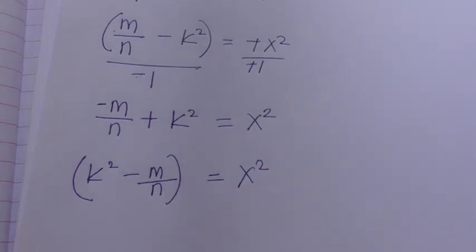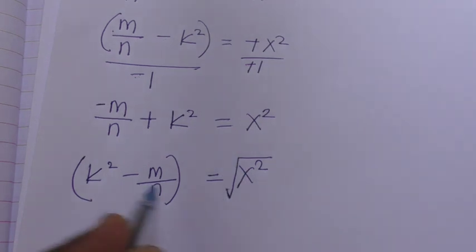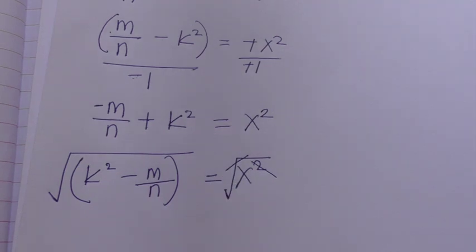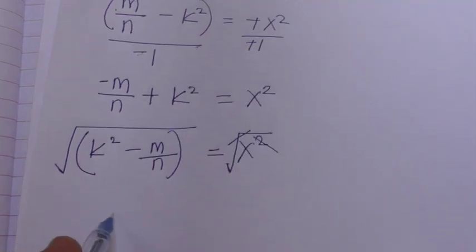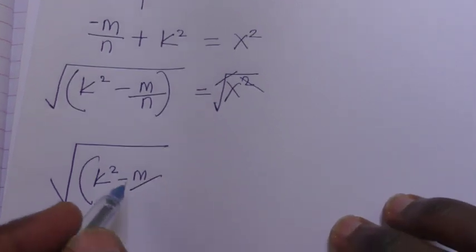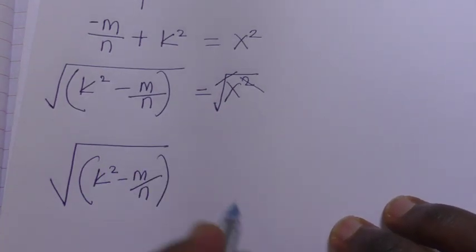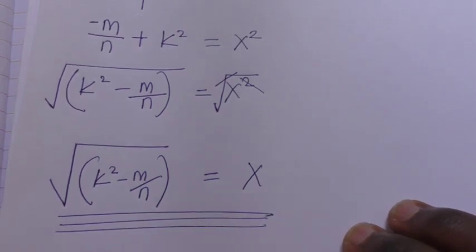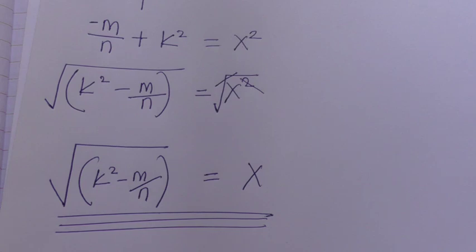So, in the process of removing the square, we shall just use a square root, so that the square root cancels with the square, and therefore we remain with the square root of k squared minus m over n equals x. So that is how we shall make x the subject.